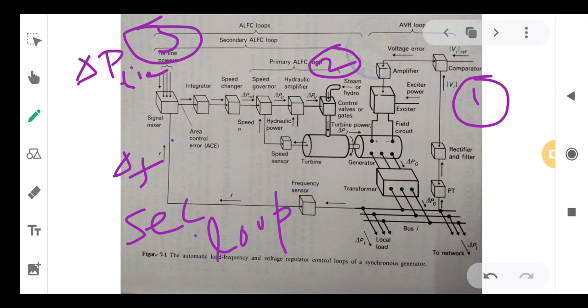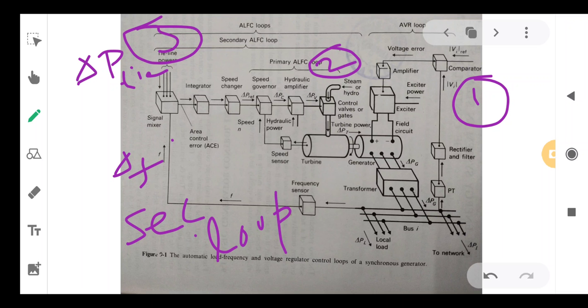Secondary ALFC loop is slow and it is passed through the slow acting integrator, so that the dynamics of the first loop and second loop both will be settled. The first loop is faster than 2, second loop is faster than 3. So, in serial, the action of the first loop will be completed first.